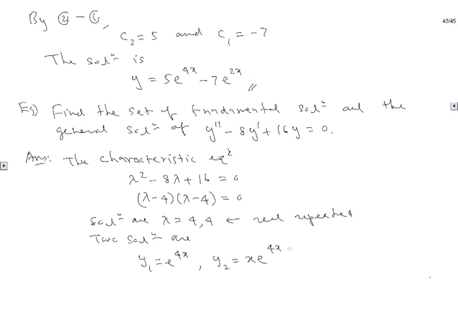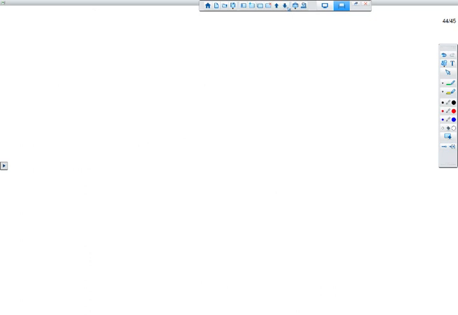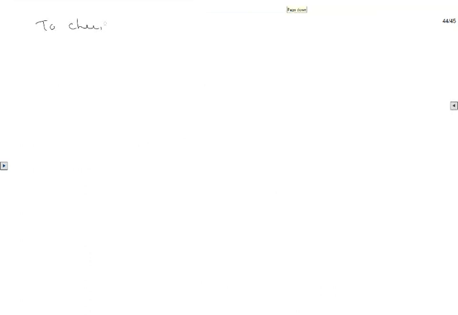We can use the Wronskian test to check whether they are linearly independent.